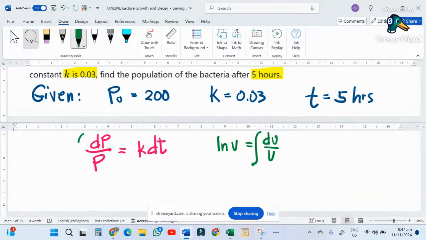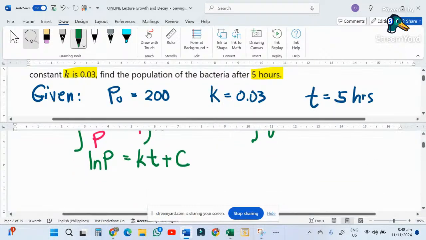So if we're going to integrate dp over p, you get ln p. If you integrate the other side, the k here will be outside because k is constant, and the integral of dt is simply t plus c because we did an integration.